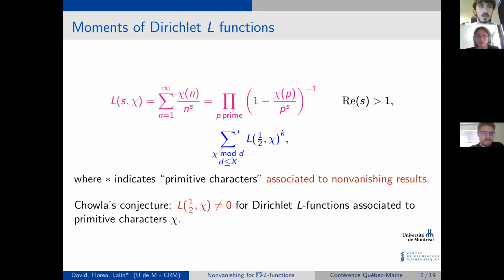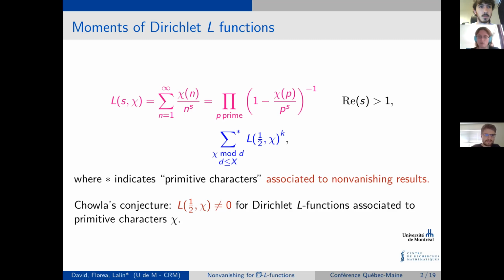The object of this project has to do with moments of Dirichlet L-functions. In this talk, by moments, we mean the sum, in principle, over the characters mod D, with D, the conductor, bounded by a certain parameter that over a number field will be X, but for most of the talk, we'll be talking about function fields.